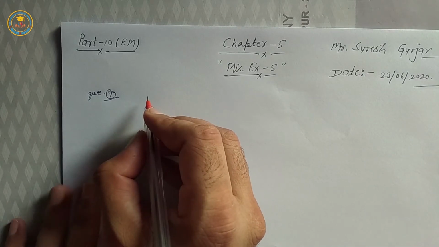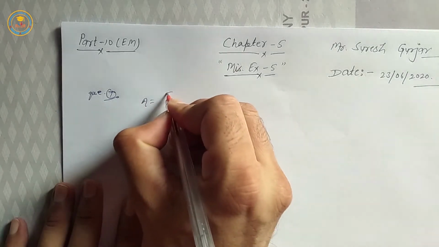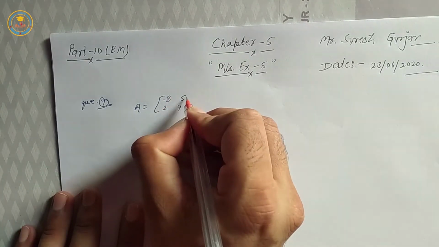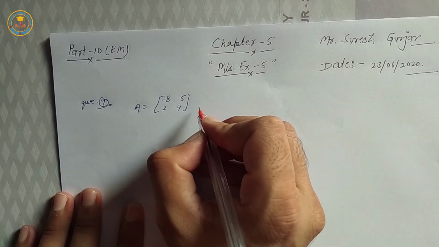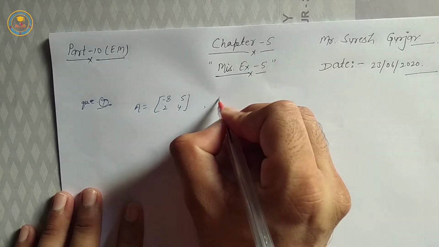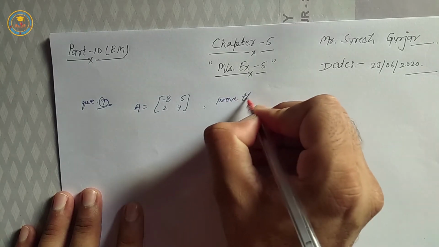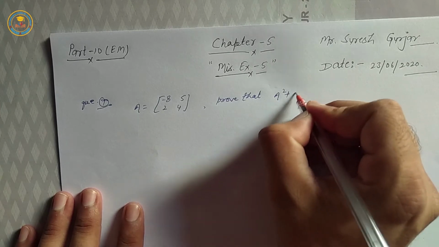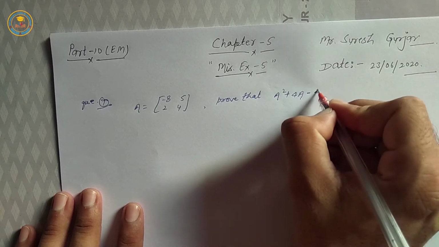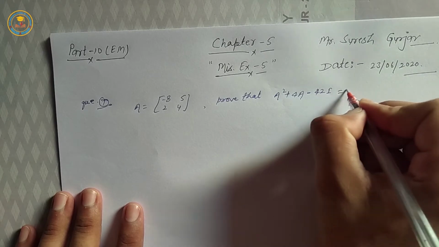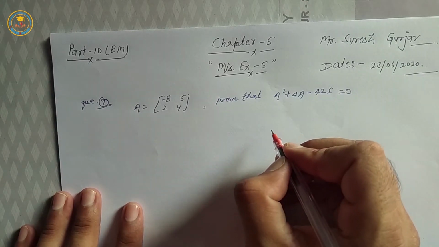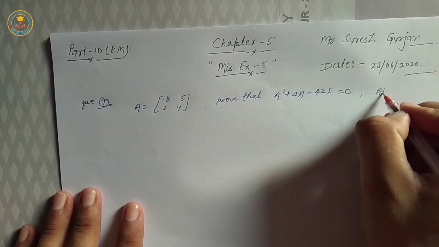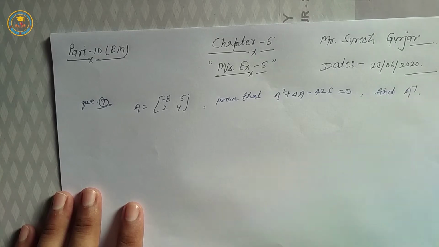If matrix A is equal to [[-8, 5], [2, 4]], then prove that A squared plus 4A minus 42I is equal to 0, and also with the help of it find A inverse.